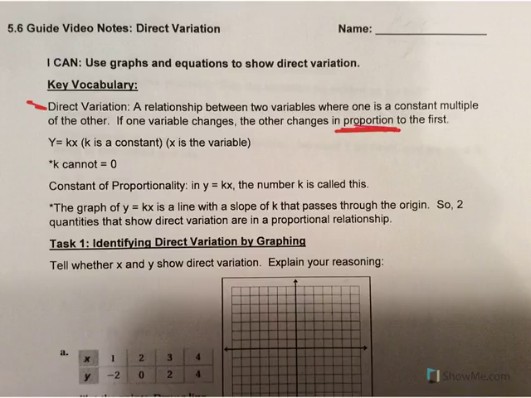So your direct variation equation is y equals kx. Y equals kx. And you can see the labeling here. K is a constant. It's going to be a whole number, an integer, or a fraction, and it will be the constant. X is a variable, y is a variable. X is your input.